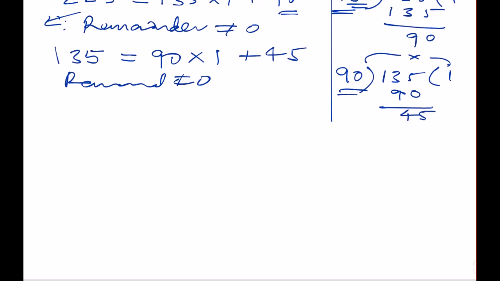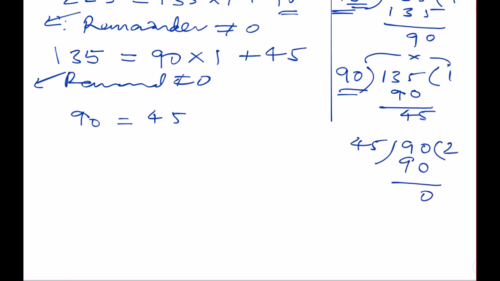Next step is ask this gentleman 135 to get out and call this 90 here in place of 135 and again you divide this, make 45 as new divisor and divide 90 by 45. So 45 2s are 90, so remainder is 0. That is our last step because we got the remainder 0.